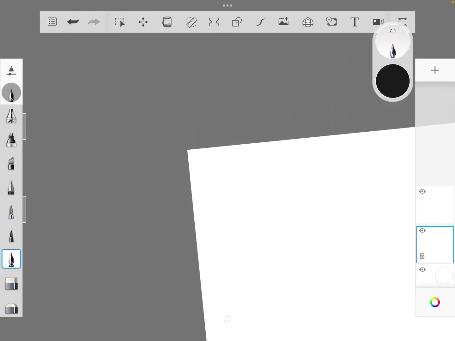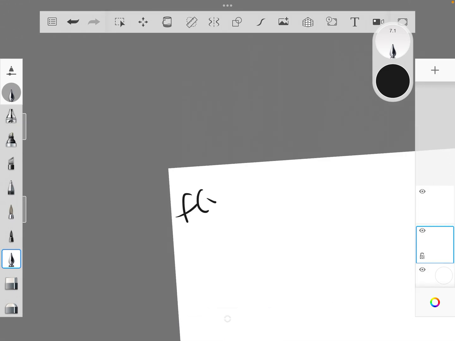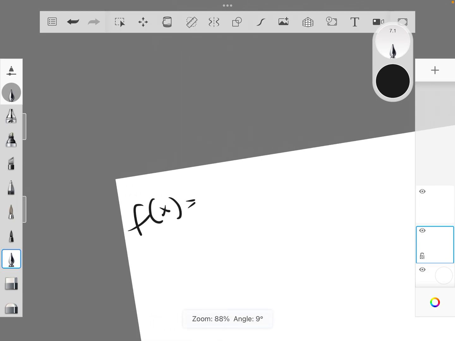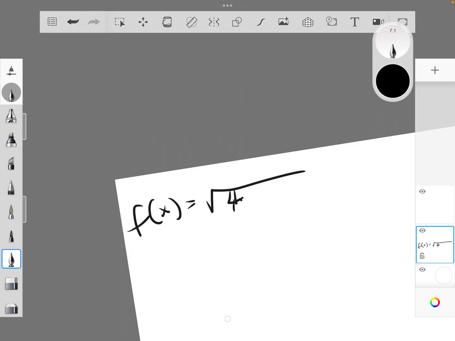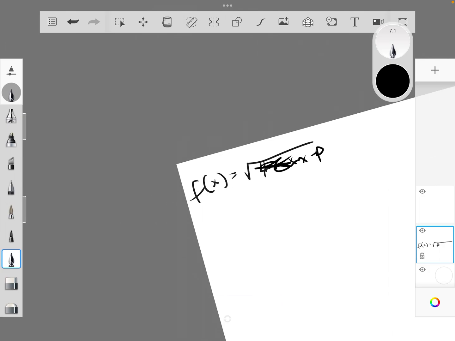Let's say f of x is equal to the square root of x minus 4. How do we solve for this?